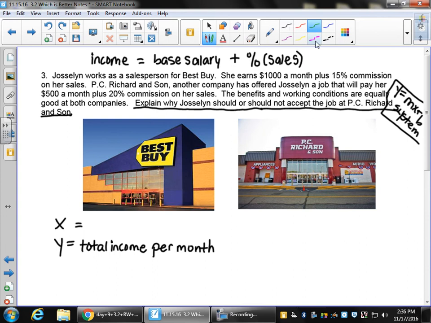So basically you're saying percent per sales. That's what this means. That makes sales our X value. So X is going to be sales.